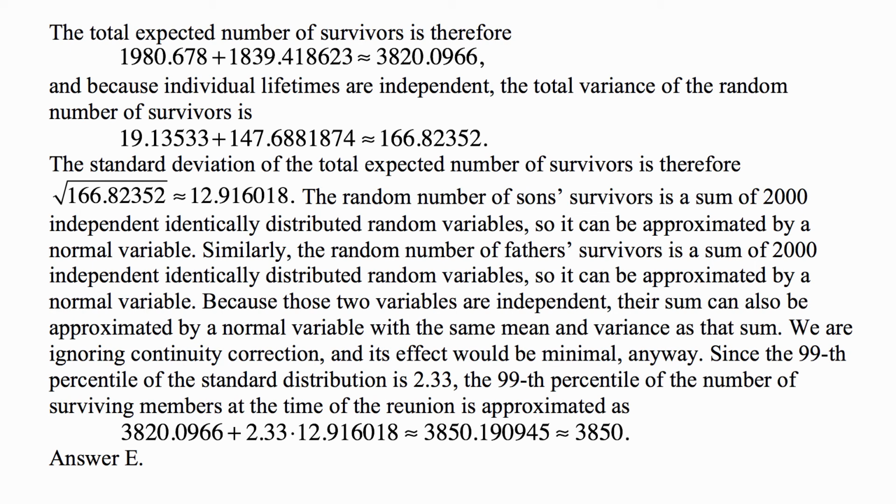Since the 99th percentile of the standard normal distribution is 2.33, the 99th percentile of the number of surviving members at the time of the reunion is approximated as 3820.0966, the mean, plus 2.33, the quantile that we're interested in, times the standard deviation of 12.916018, and that comes out to be about 3850.190945, or 3850 approximately, which is answer E.